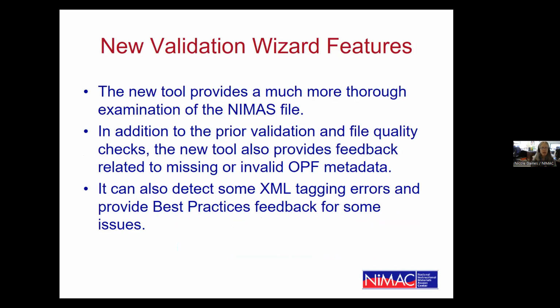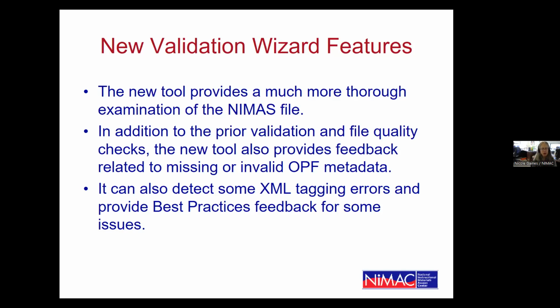It has a much more thorough examination of the file, including some file quality checks. It looks for some tagging issues, not all tagging issues, but some common ones you may see feedback on. It also provides feedback related to missing or invalid OPF metadata.